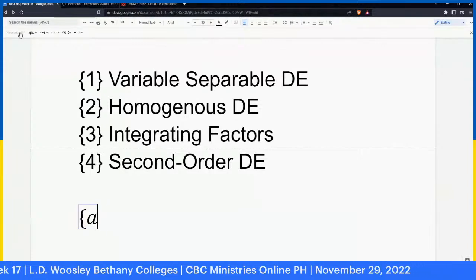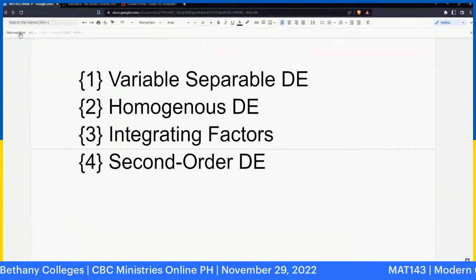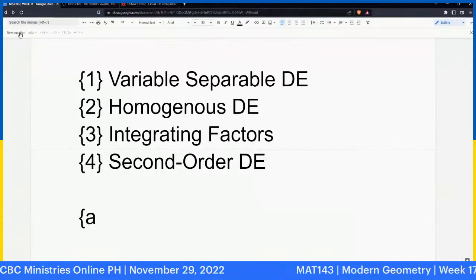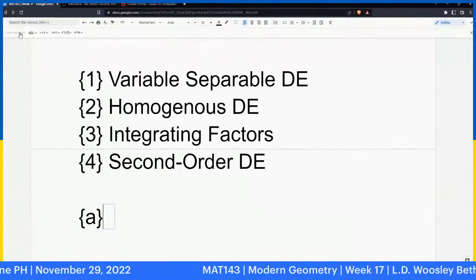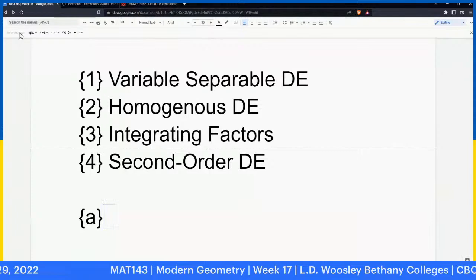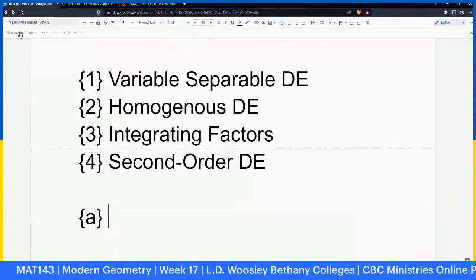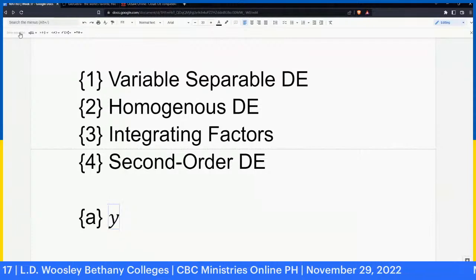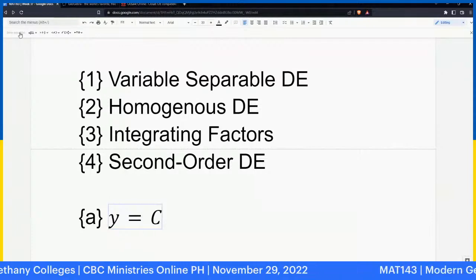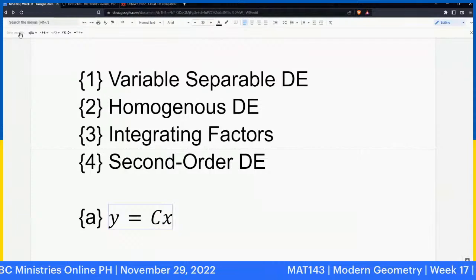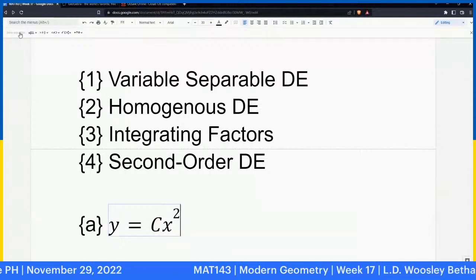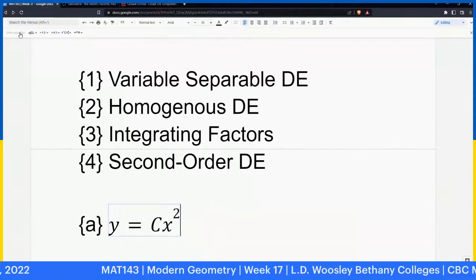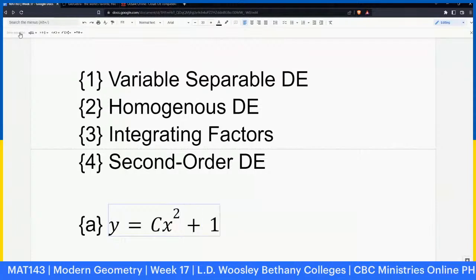this example that we have here. So here, y is equal to cx squared plus 1. The c is an arbitrary constant.